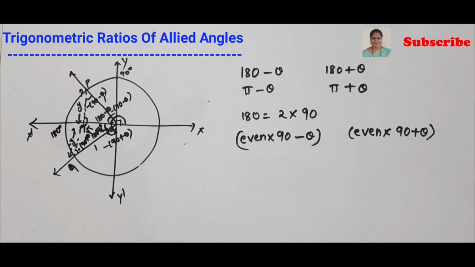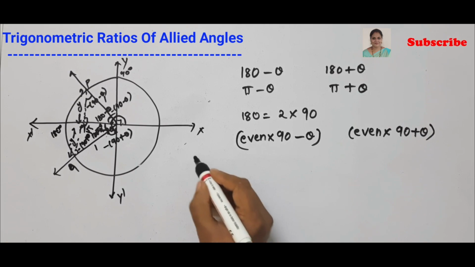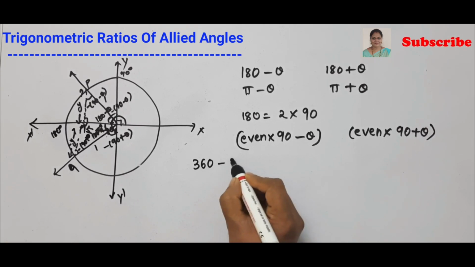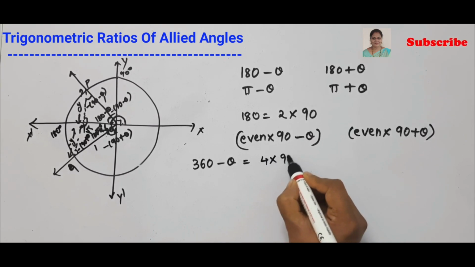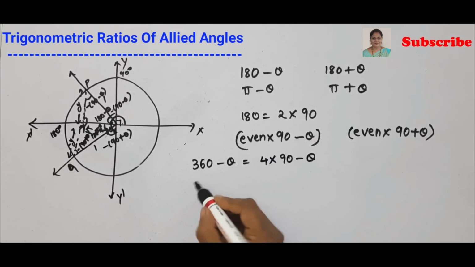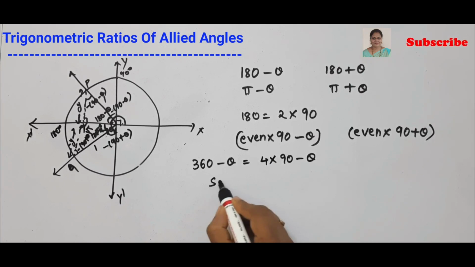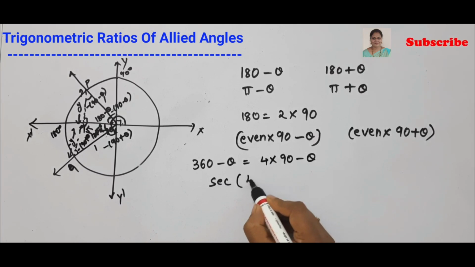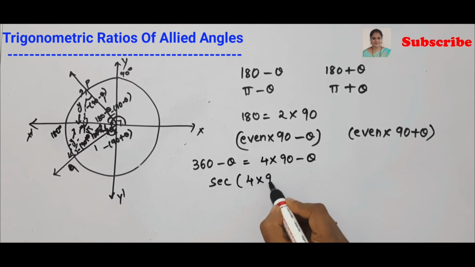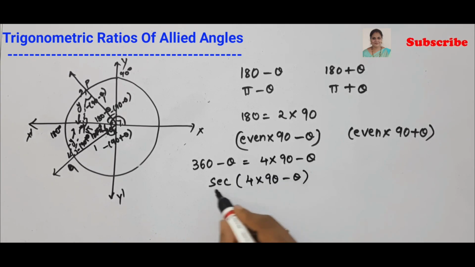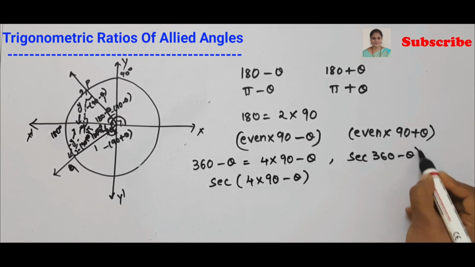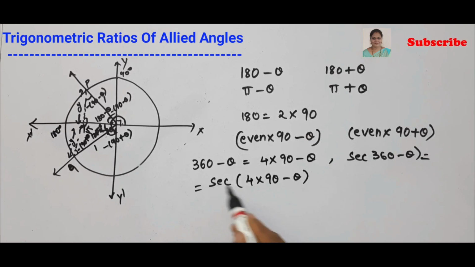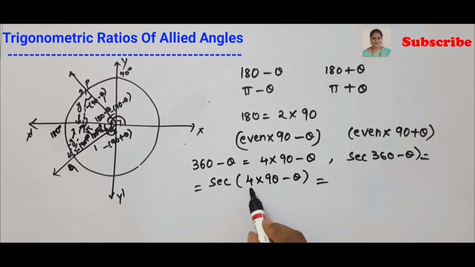For example, if you take 360 minus theta, 360 can be written as 4 into 90 minus theta. Suppose let us take secant of 360 minus theta. This is secant of 4 into 90 minus theta, and here it is even, is it not?